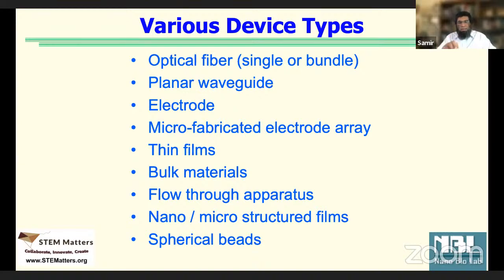There are optical fibers, which are used to see the sensing mechanism. There are MEMS systems, of course. There are devices where we flow through a sample and they can measure on an electrode, maybe capacitance between two electrodes. Maybe you can measure the electrochemical interaction. So many different ways we can create devices.